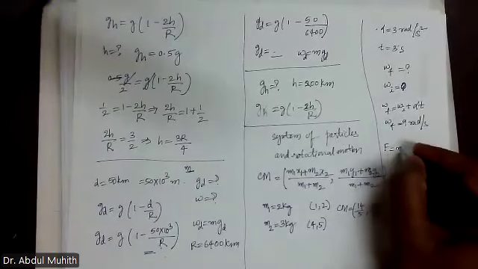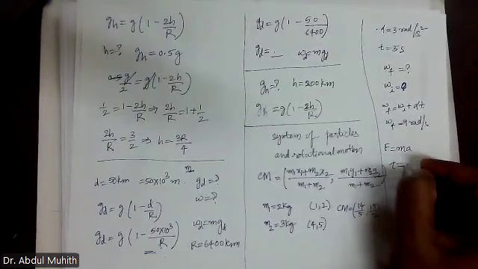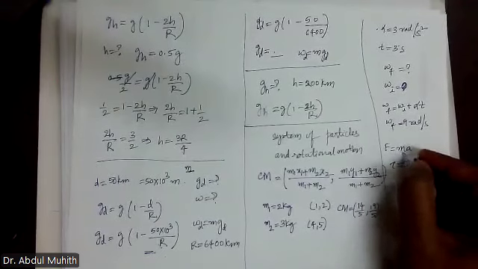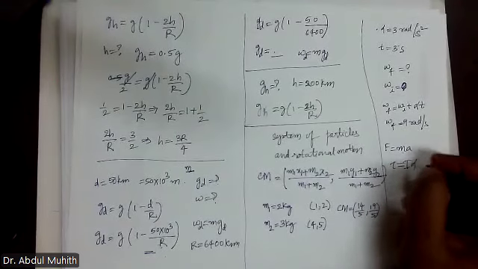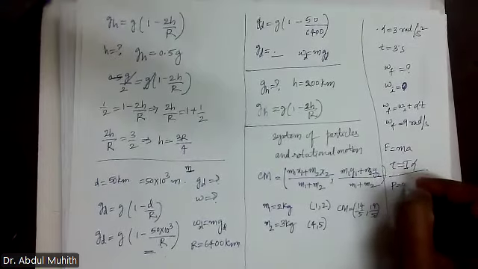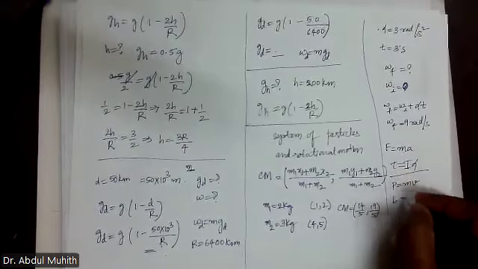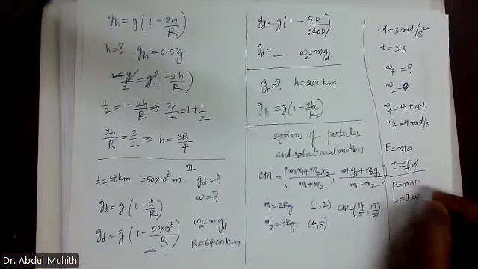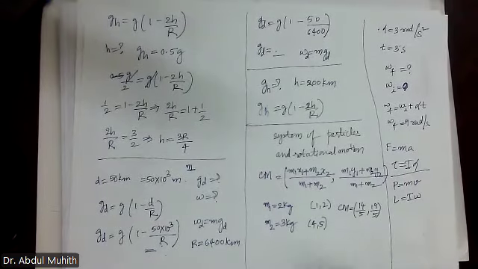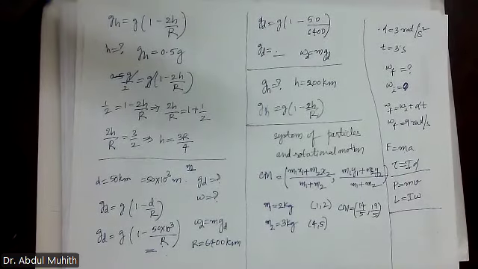If F is equal to ma, in rotational motion tau is equal to I alpha. The rotational analog of mass is I. And if P is equal to mv, then angular momentum is I into omega. Is it clear? The rotational analogs, linear and angular, you must learn.